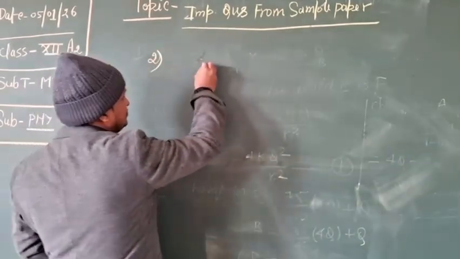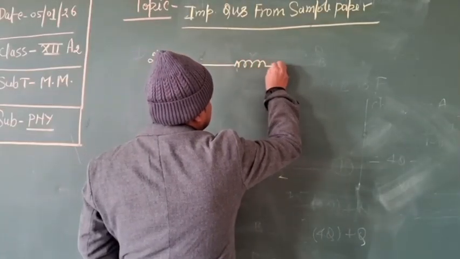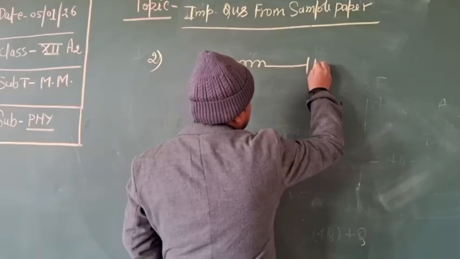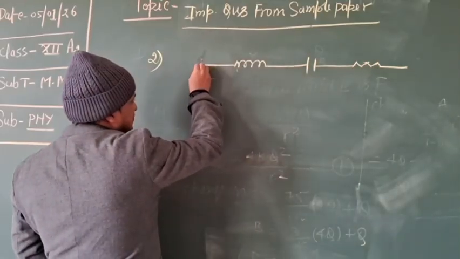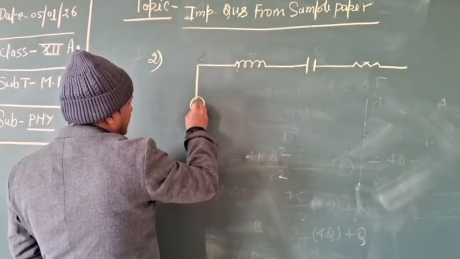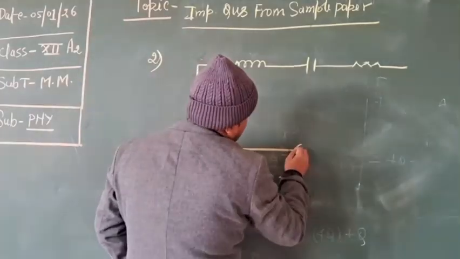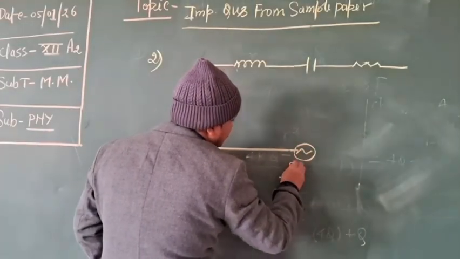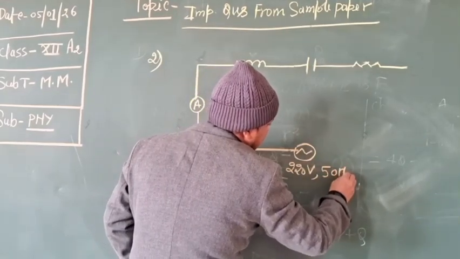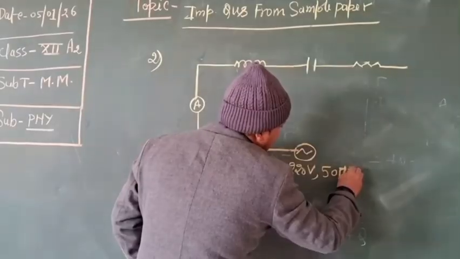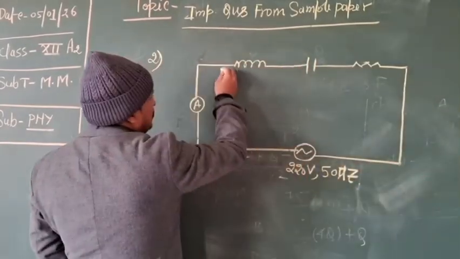Question number 2. Given: three elements L, C and R are connected in series as shown in the figure. An AC voltage of 220 volt and frequency 50 Hertz is applied across this circuit.